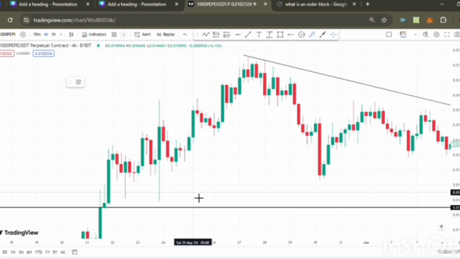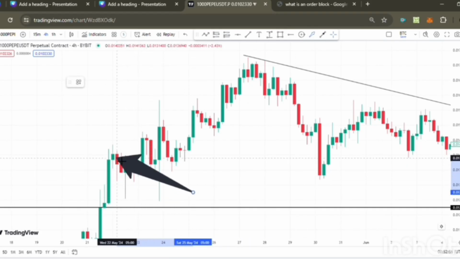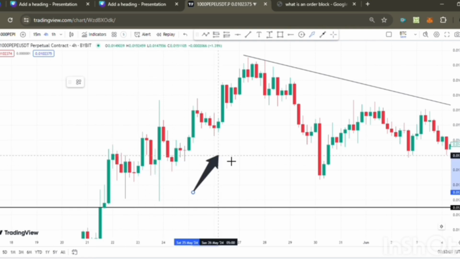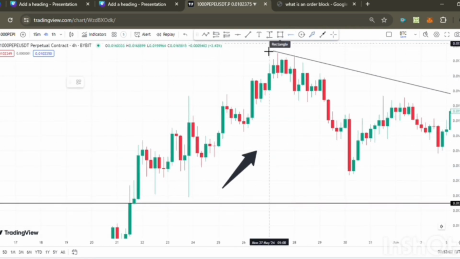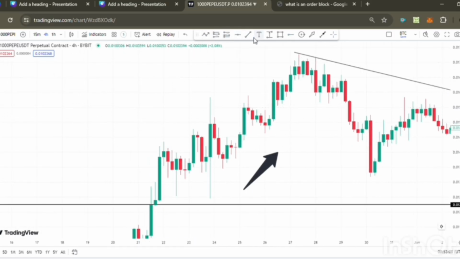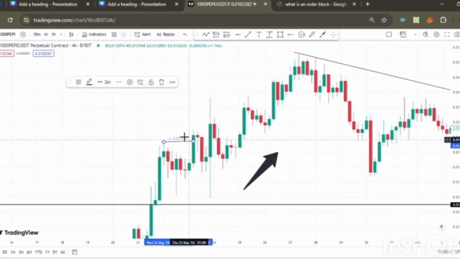As you can see, the market is making multiple breaks of structure here. Let me use this. The market makes a break of structure here. I think I need to increase this so you see it very clearly.